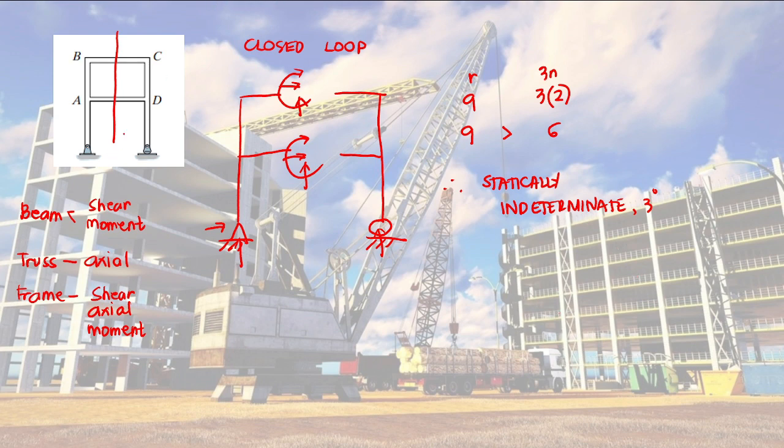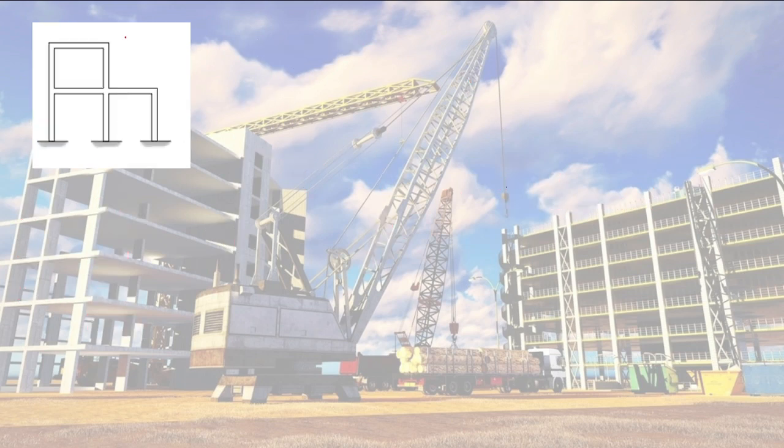So you have to take note: if you see a closed loop in frames, you have to cut it in sections. Now, how about here? Again, we have a closed loop here. So we cut here and here. So we will have your equation, R and 3n.